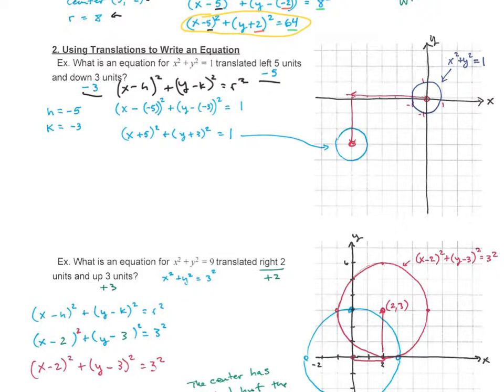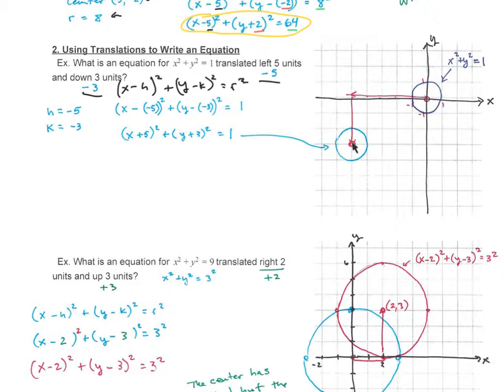I go ahead and graph my original equation. Notice I've gone in the standard form of the circle, centered at the origin with a radius of 1. It asks me to translate left 5 units, so I went 1, 2, 3, 4, 5, and then down 3 units, 1, 2, 3.